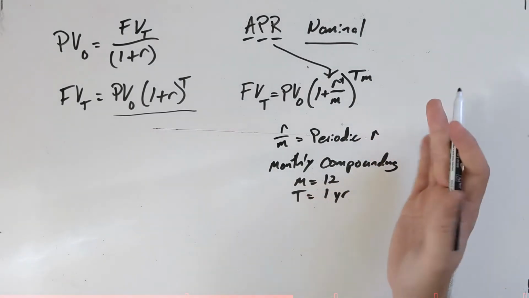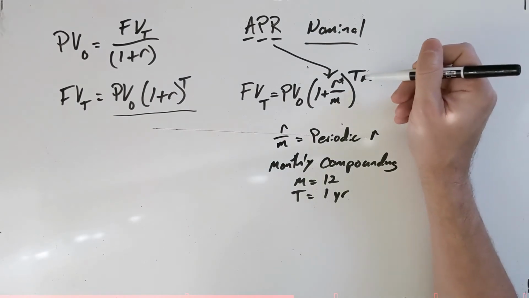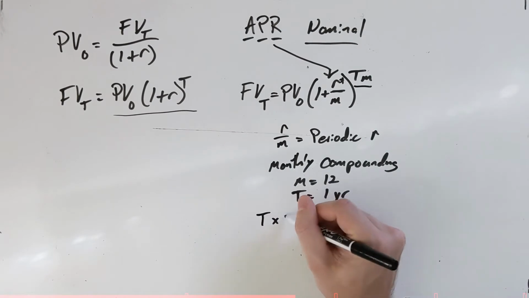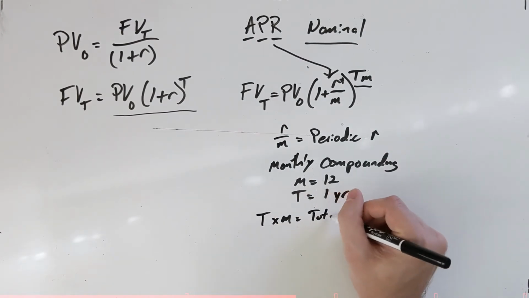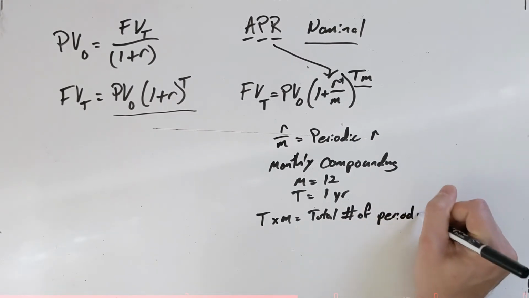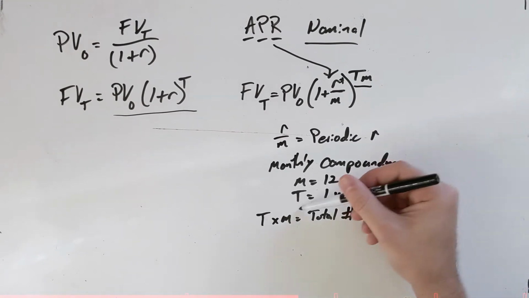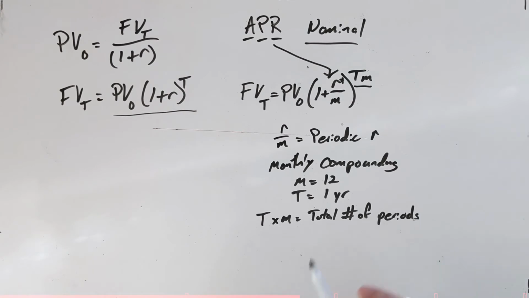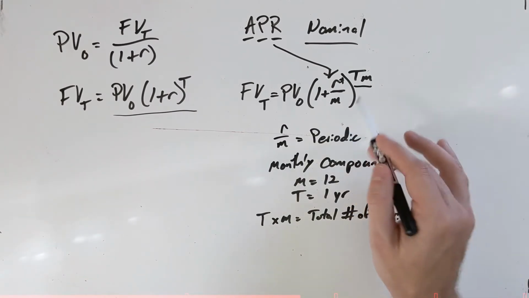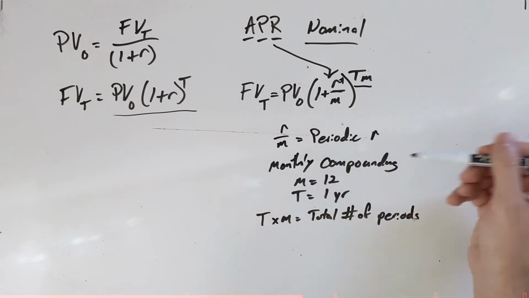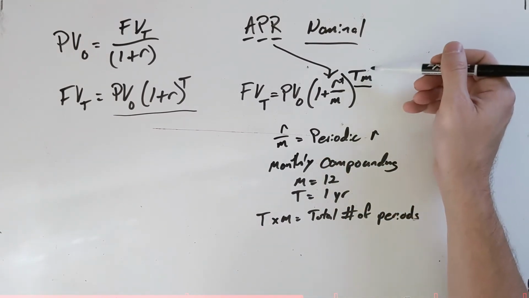So, one thing to note is you could also say that this t times m equals the total number of periods. Okay, not the number of years, the total number of compounding periods, because t is just a number of years, and if we've got multi-period compounding within each year, then t does not accurately reflect the number of compounding periods. T times m tells us the total number of periods.